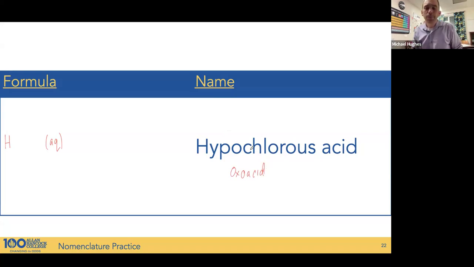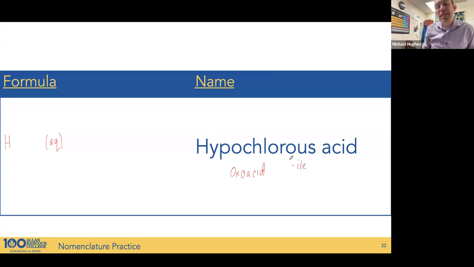Oxo acids just give us the polyatomic oxoanion's name, but we change the suffix to "ic" if the original suffix was "ate." We change the suffix to "ous" if the original suffix was "ite," and nothing else. And so we see that there's no hydro, so it's an oxo acid with the suffix "ous," so the suffix must become "ite."